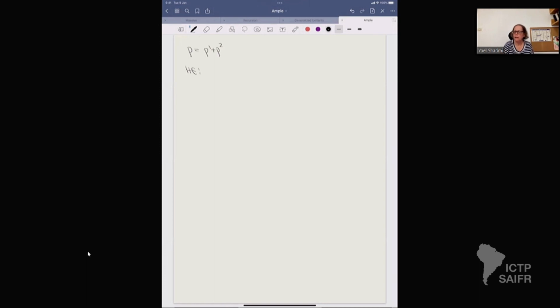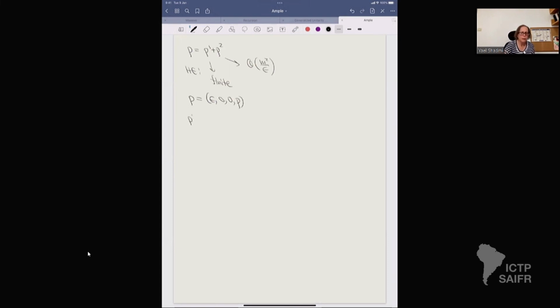So one of them I can keep finite, and the other I can take to go to 0 as m squared over E. So let's say our momentum is in the z direction, so it's of the form (E,0,0,p).